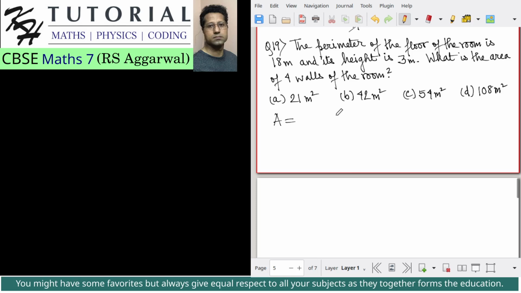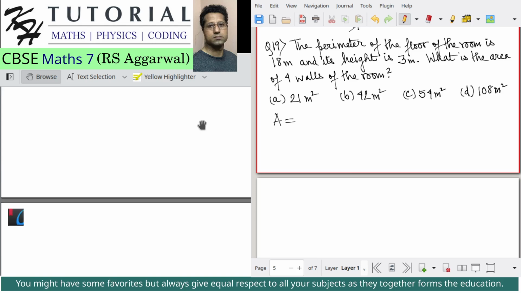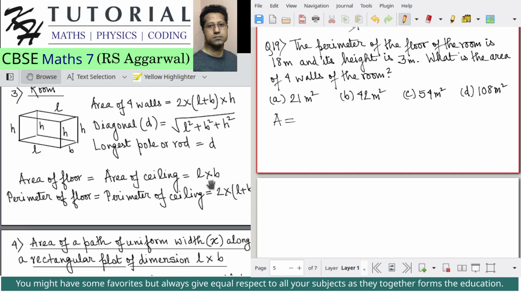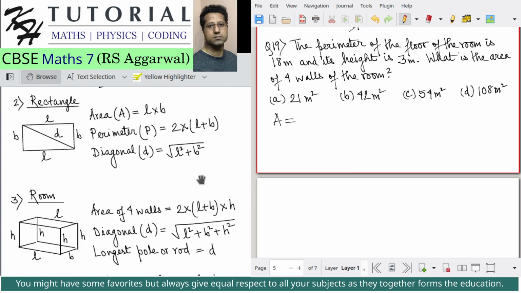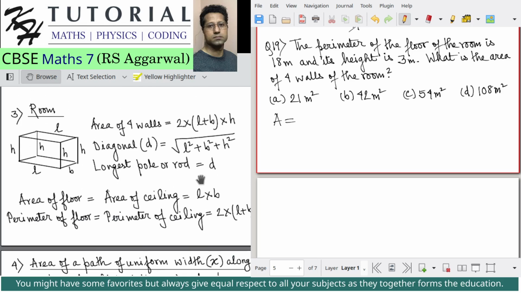What was the formula? Let me quickly open my quick notes. I'm just referring my quick notes for the area of the 4 walls of a room. Area of 4 walls is 2 into length plus breadth multiplied by height.